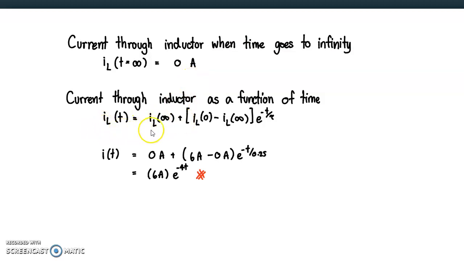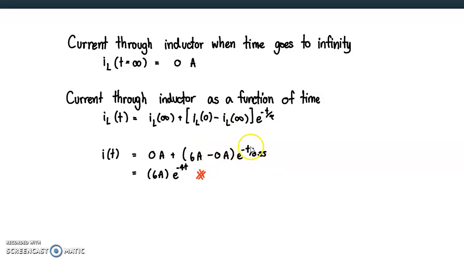Then we use the formula again. We use this formula to find our current flow when time is more than 0. So substitute the numbers over here, which is 0, and this iL at time 0, we got it as 6 amp, and 0.